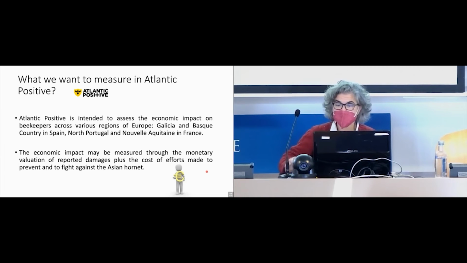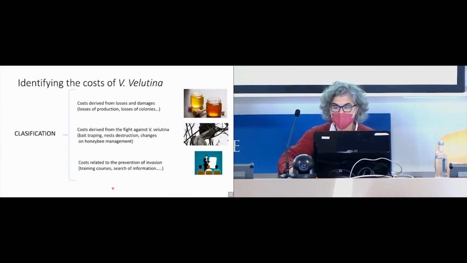It means the sum of the three issues we saw before. For example, costs derived from losses and damages will be losses of production, losses of colonies, as Fabrice showed to us before.